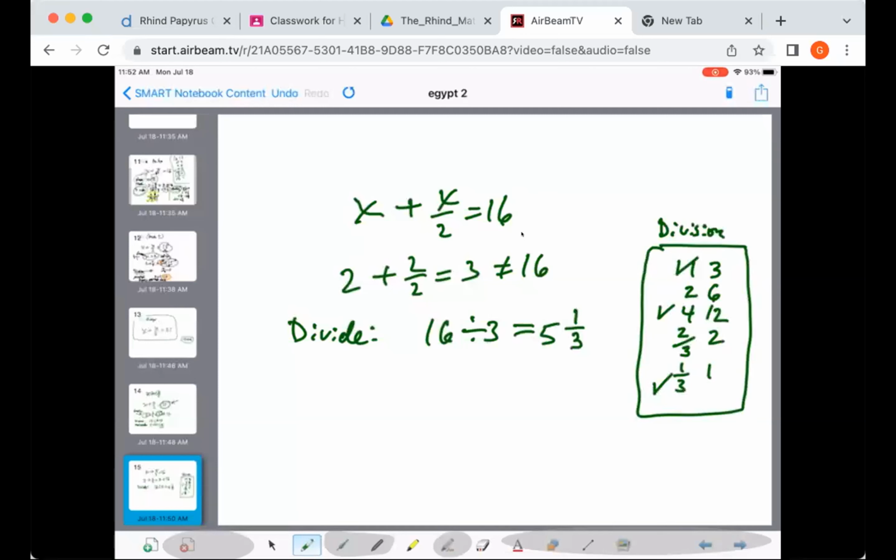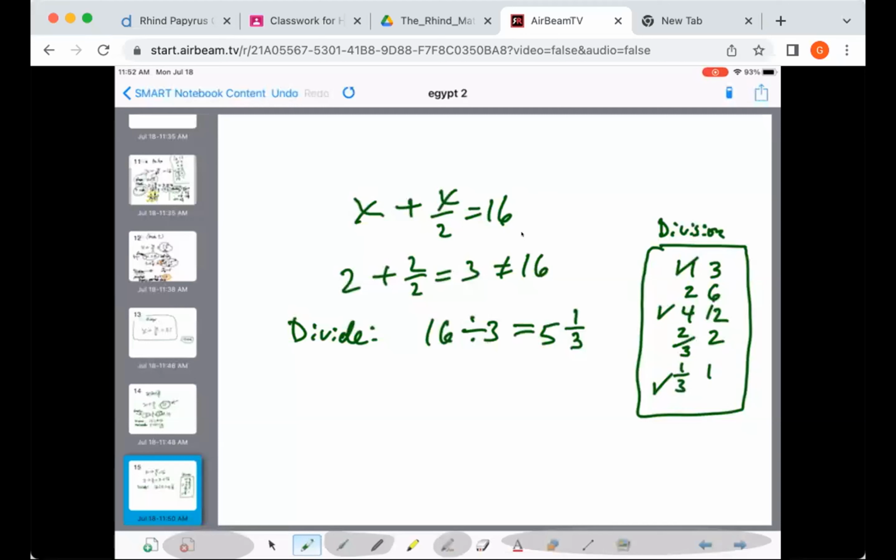So the second method is, once we figure out that 3 doesn't work for 16, we want to come up with 5 1/3 by going back to the technique we learned over the weekend. We want to know how much my guess was off by. When it was 15 instead of 16, that's easy: 3 times 5 is 15.